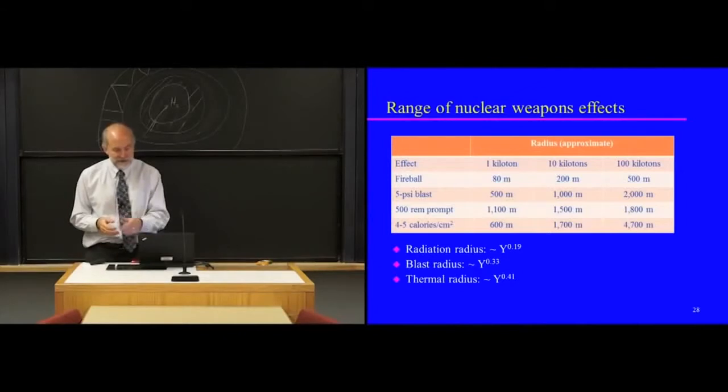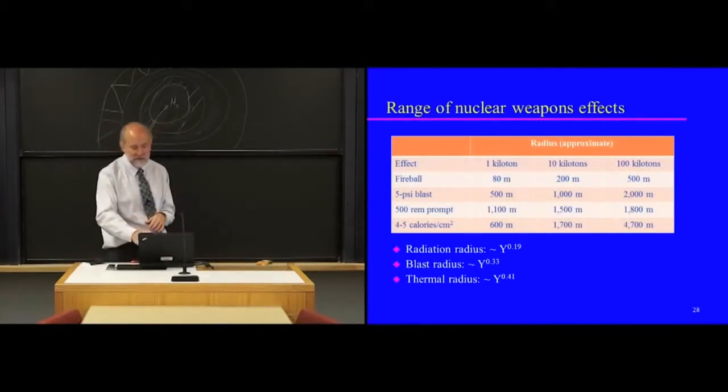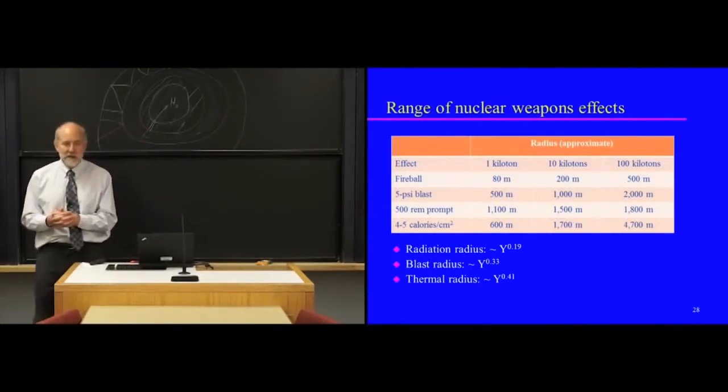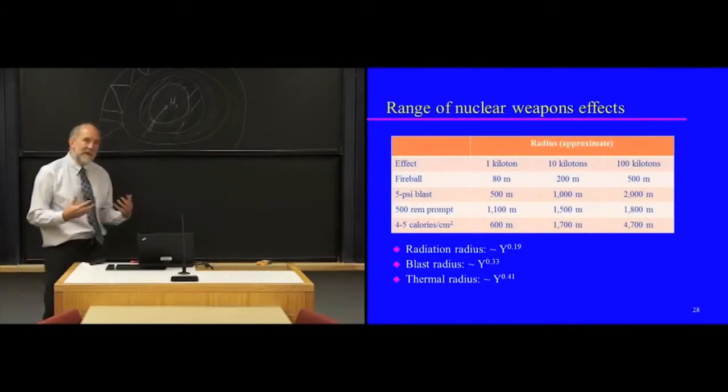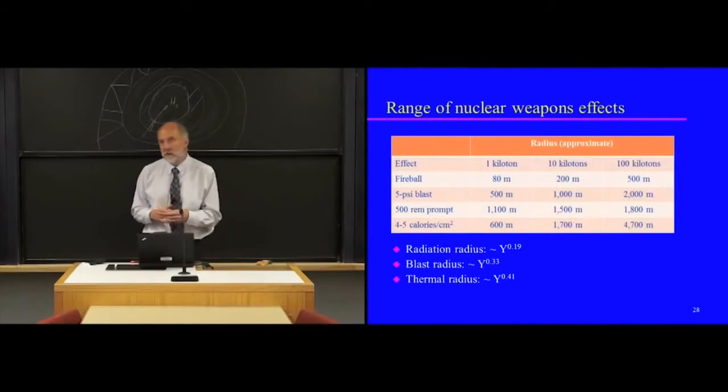Whereas for a 100 kiloton bomb, it's the thermal that extends the farthest, and even the blast extends further than the prompt radiation. So I should say there are really two kinds of radiation from a nuclear blast.